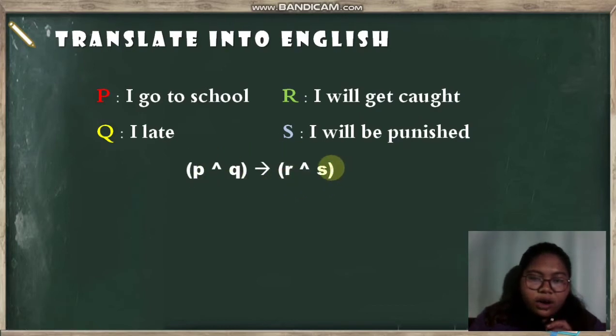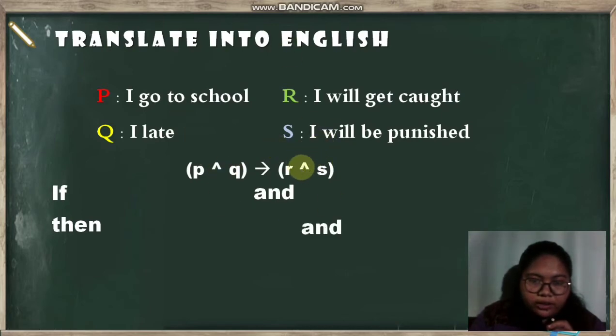Here we have an arrow symbol. It means an if-then statement. Here we have and, and here we have and too. P is I go to school, so here we write I go to school.